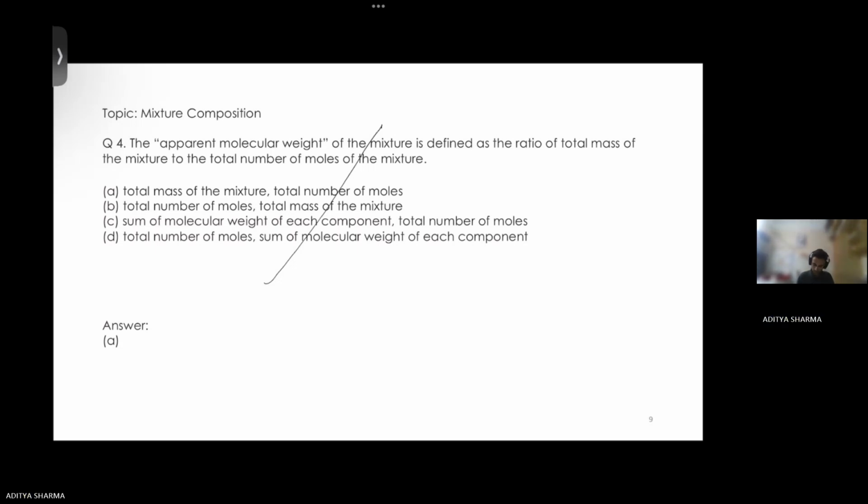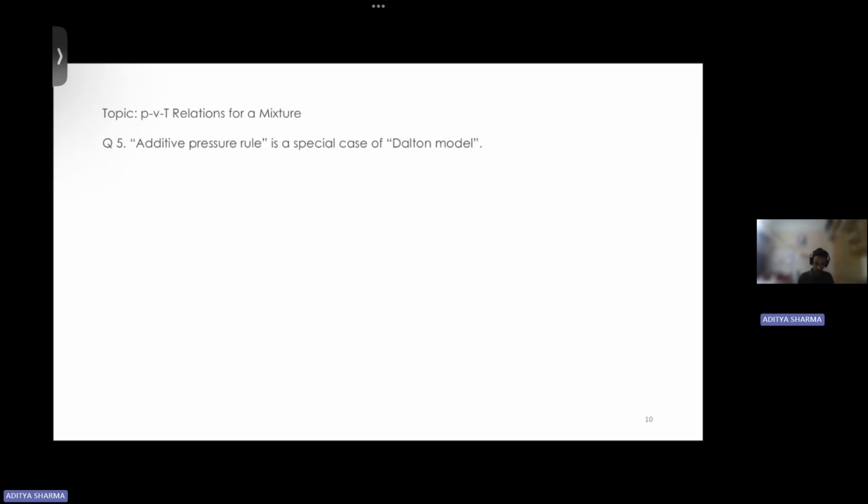So these needed to be fill in the blanks, and then this question would have been considered, but because I forgot to do that, apologies for that. So we'll skip this question and we'll move on to the next question.